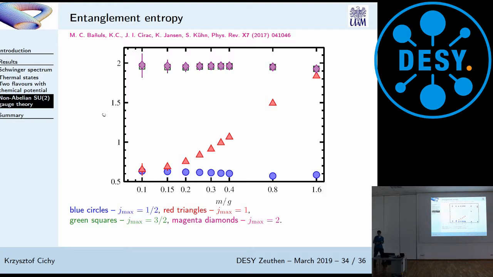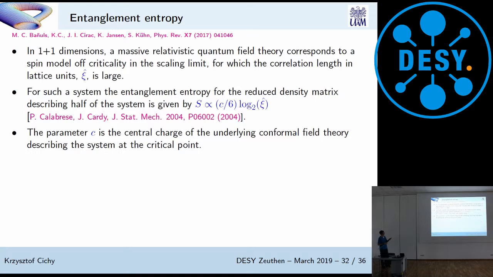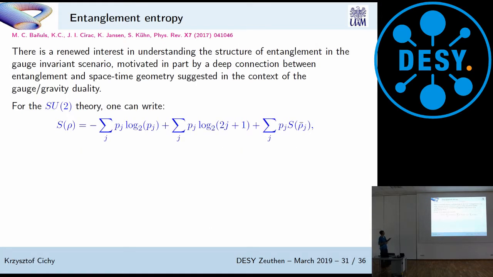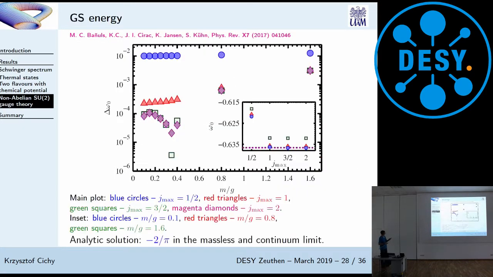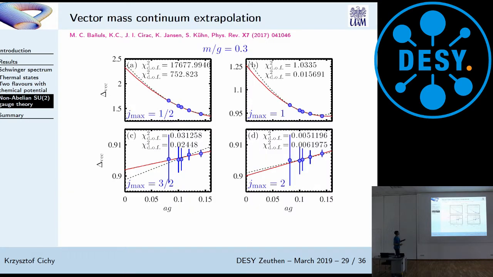For J max equal 1/2, it's unclear whether we can, okay, maybe before we get to the entanglement entropy, we have this vector mass gap scaling, right? And here it seems that we cannot do the continuum extrapolation, that we cannot choose a fitting ansatz that would work. So probably there is no continuum limit here, and how this transforms to entanglement entropy, I cannot really say.